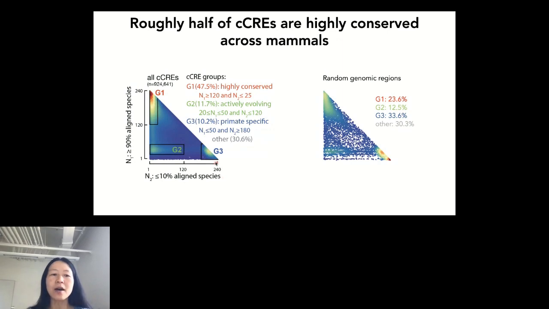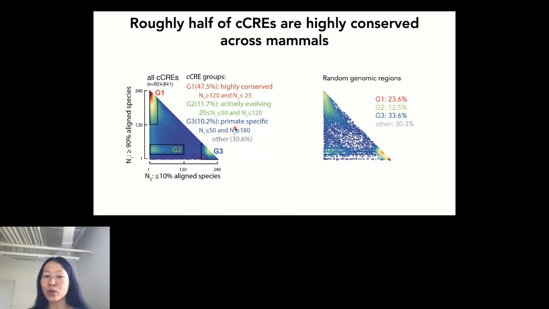So you can see nearly all 1 million cCREs fall into this triangle by design, because 90 plus 10 is 100%. Roughly half of the cCREs are highly conserved across the 240 mammals. Okay, and we call them group 1, highly conserved. And very interestingly, group 3, roughly 10% of the cCREs, are primate specific.